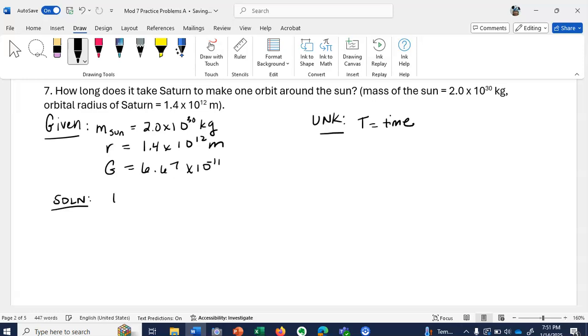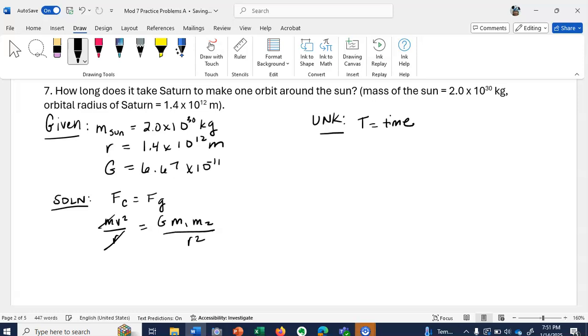We know that centripetal force equals the force of gravity. Centripetal force is mv squared over r. Force of gravity is G m1 m2 over r squared.